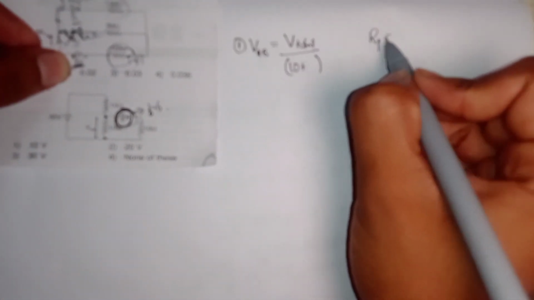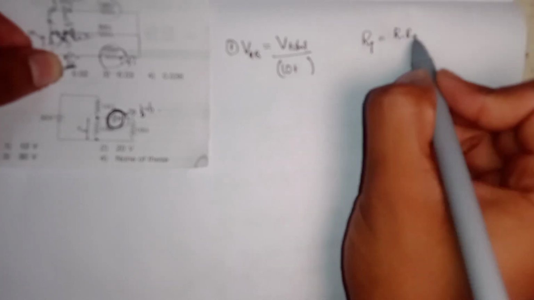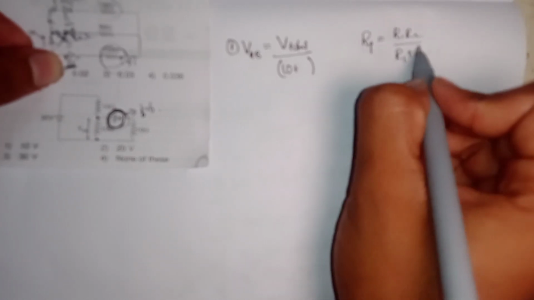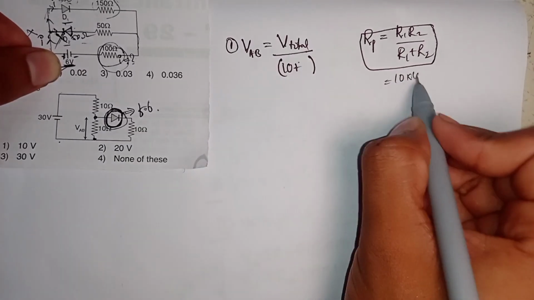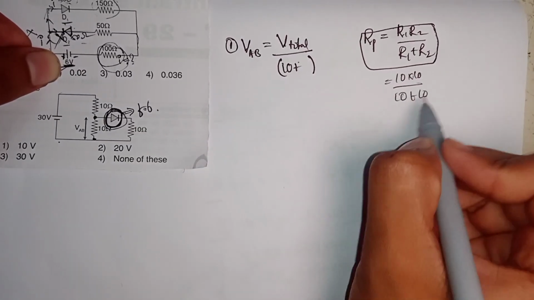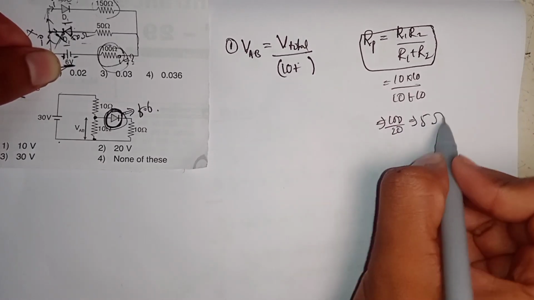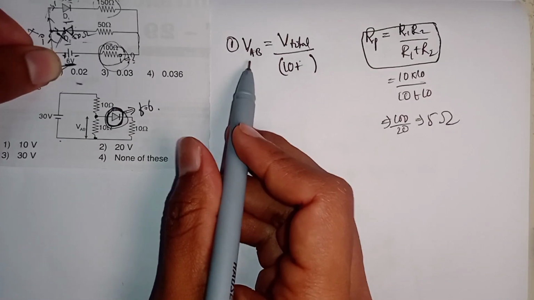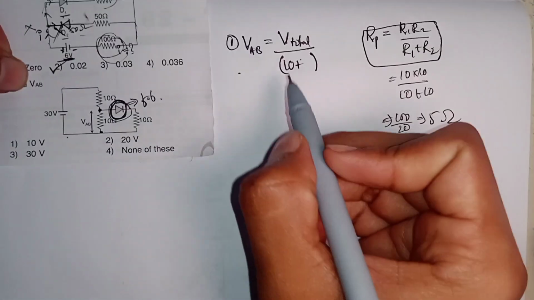Resistance in parallel is, if two resistances are there, R1 R2 by R1 plus R2. This is the basic formula. By this calculation, 10 into 10 by 10 plus 10 is 100 by 20, which will be 5 ohm.